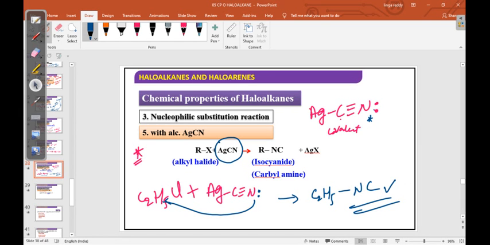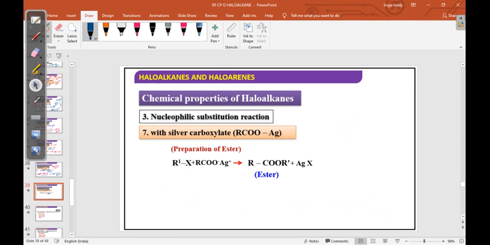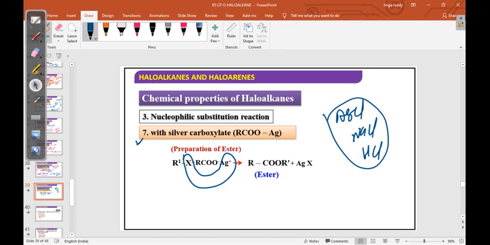Next, seventh and last, with silver carboxylate. Here Ag and X, your work is very simple. You have to remove AgCl, NaCl, HCl, just like that. I will take one example here.